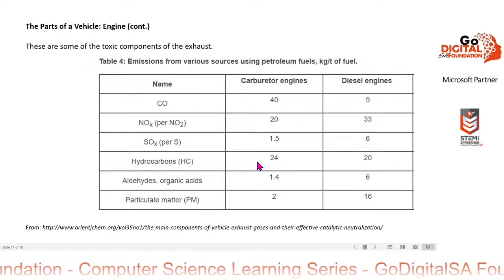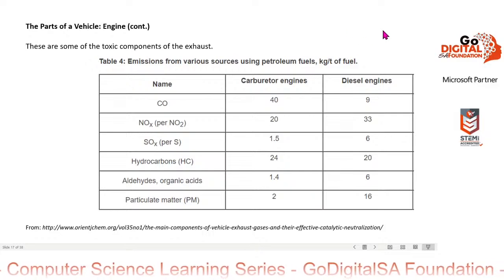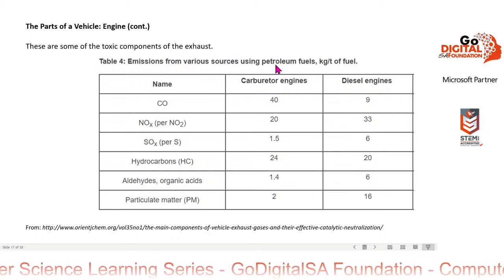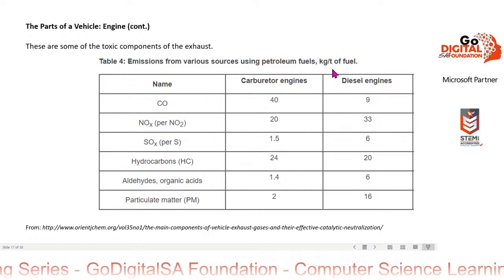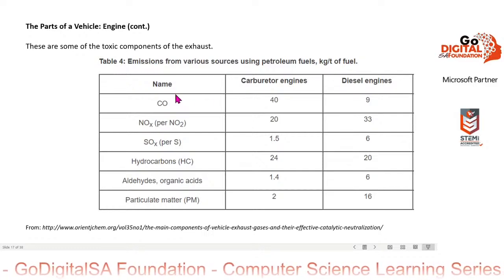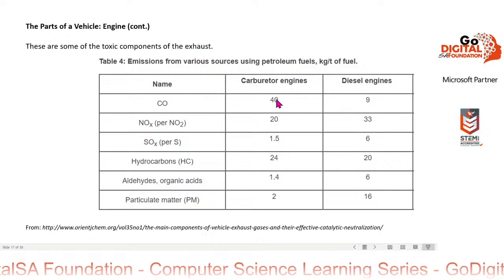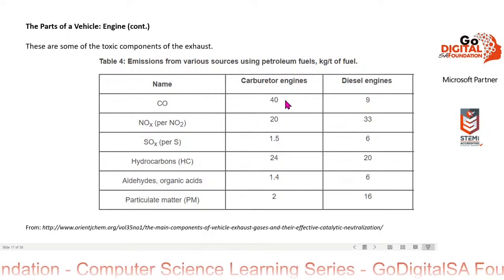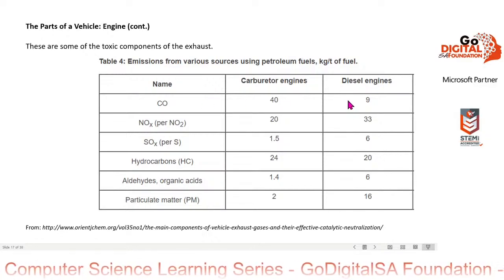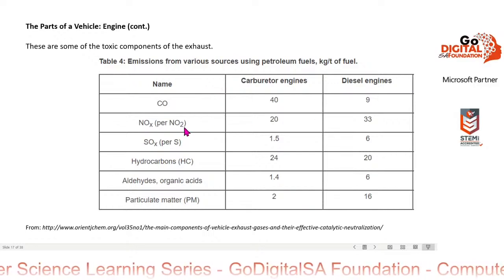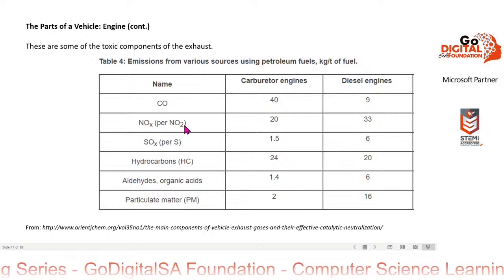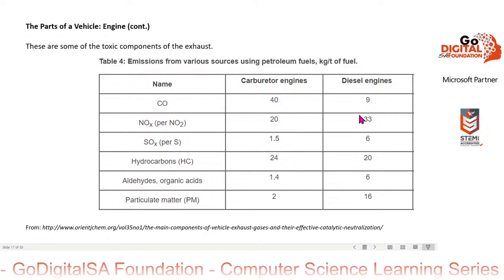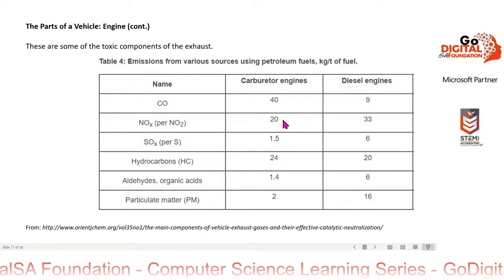These are some of the toxic components of the exhaust. So, the emissions of various sources using petroleum fuels in kilograms per ton of fuel. Okay, so you get carbon monoxide, which is worse in petrol engines than in diesel engines. Nitrogen oxides, especially nitrogen dioxide, which is worse in diesel engines than in carburetor engines.